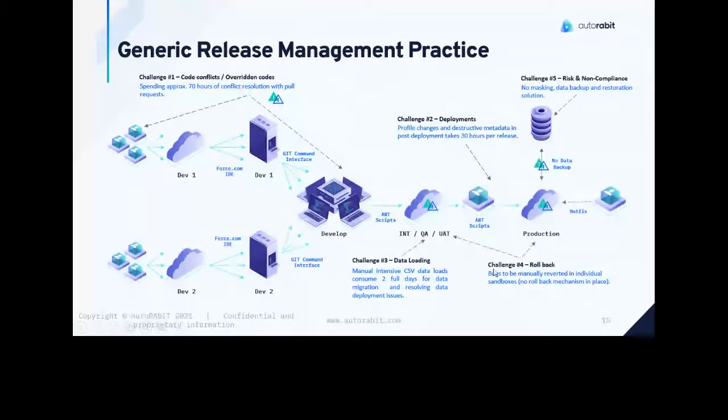Then comes the fourth challenge. So once the deployment has been done, all the components have been deployed to production. Let's say you have found some bugs because of which deployment failure happened, right? In that particular case, in a manual setup, you don't really have the flexibility to select or roll back whatever deployments have failed.